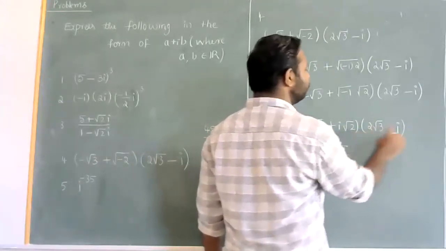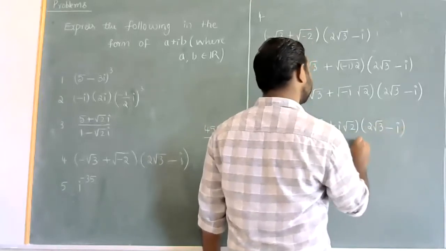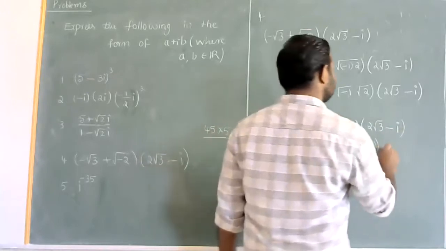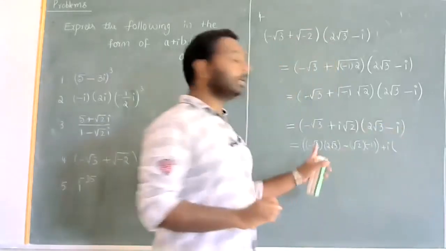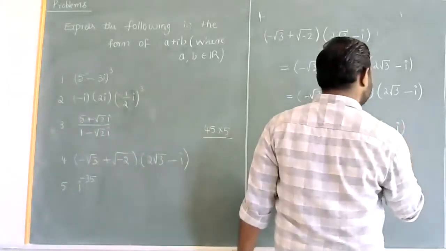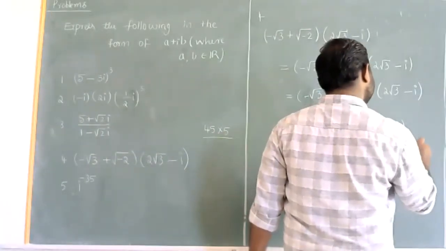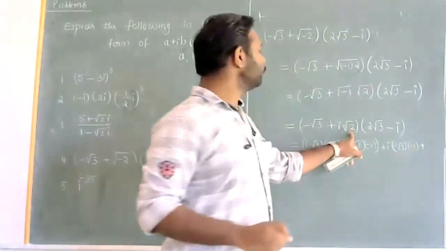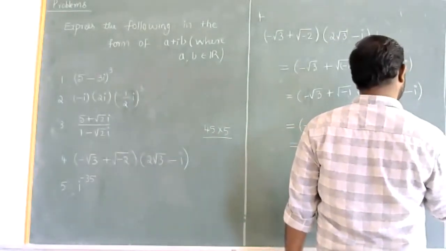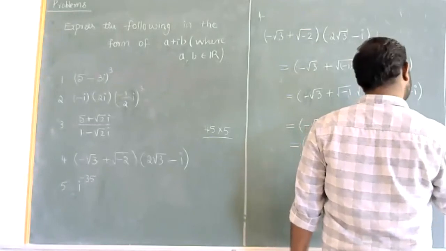B is root 2, D is minus 1, so root 2 into minus 1, plus i into AD plus BC. AD, so minus root 3 into minus 1, plus BC, 2 into 2 root 3, root 2 into 2 root 3.